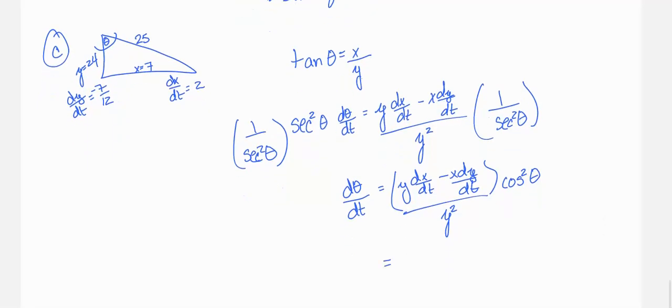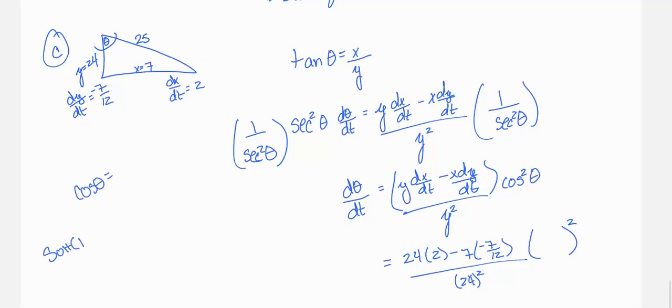So let's substitute in what we know. Y is 24, dx over dt is 2, x is 7, dy over dt is negative 7 over 12. Y was 24, and then multiply by the cosine of theta. Cosine of theta, if you think back to SOHCAHTOA, is adjacent over hypotenuse. So adjacent is 24, hypotenuse is 25.